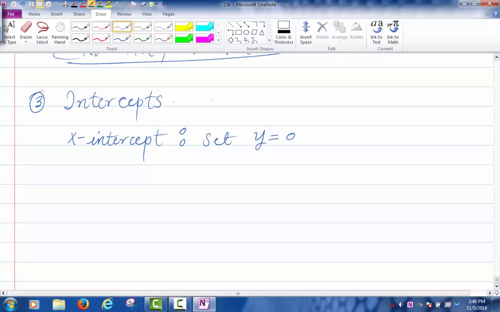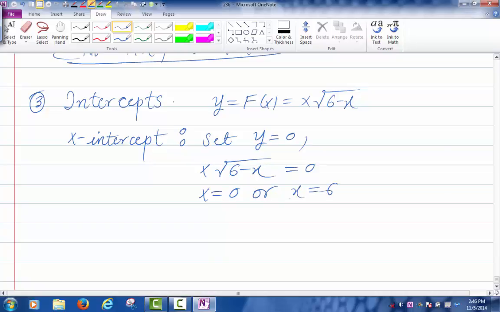Remember, y is the function f of x, and that is x times root of 6 minus x. If you set y to 0, then we have x times root of 6 minus x is 0, and that's going to tell us x is 0 or 6. So what are the x-intercepts? The x-intercepts are x is 0, y is 0, or x is 6, y is 0, right? These are the x-intercepts.